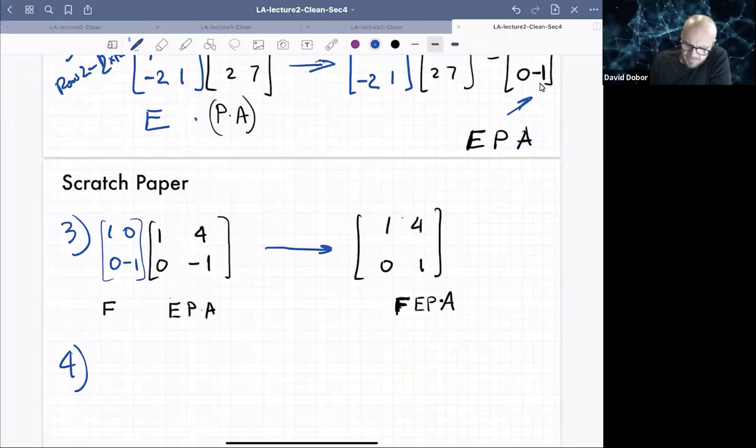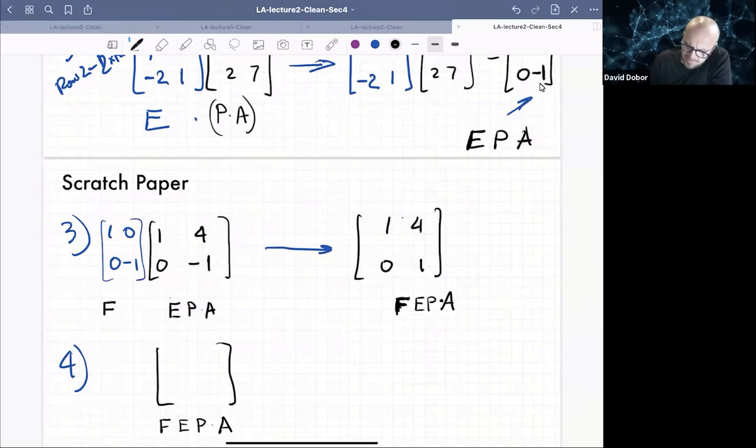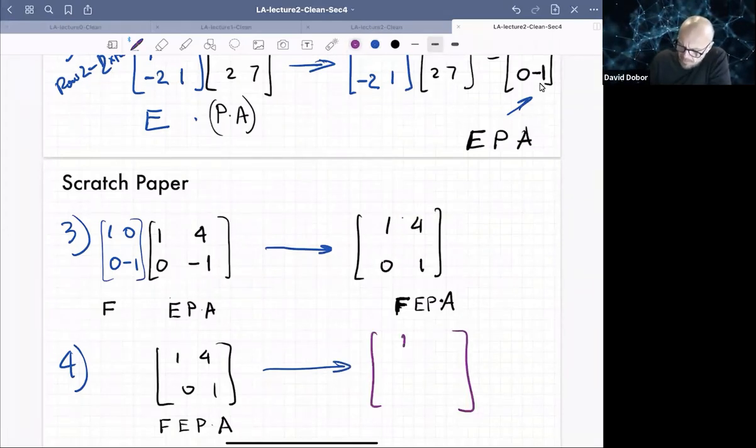The fourth and the final step would be to start with this FEPA, which is 1, 4, 0, 1, and finally get to the identity matrix. Let's make that purple because that's the final step. I want to make this an identity. How do I make this into an identity? By multiplying by what?